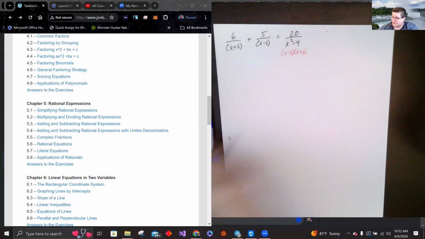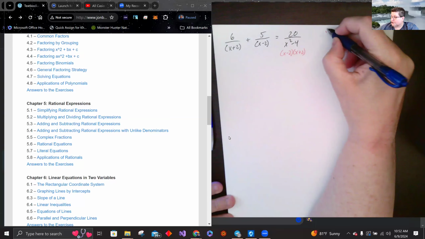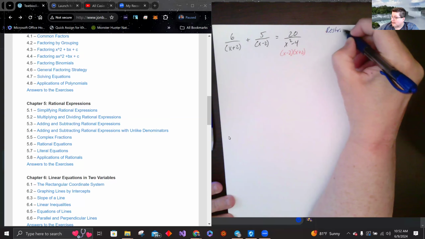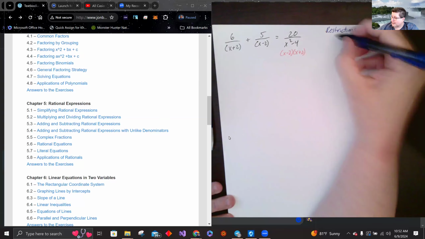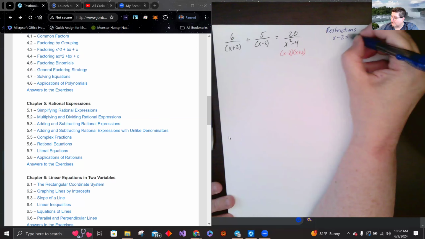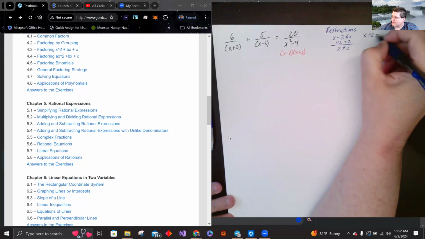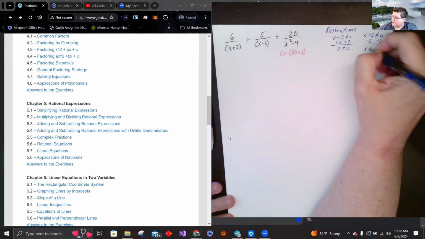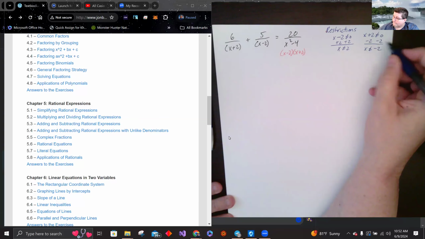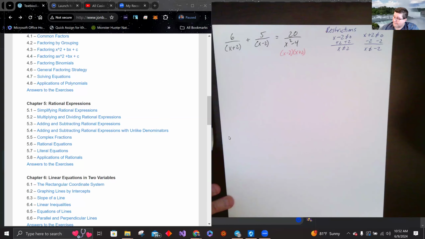Oh, restrictions first. Restrictions. X minus 2 cannot equal 0. So I add 2. X cannot equal 2. X plus 2 cannot equal 0. X cannot equal -2. Now I do my LCD table.